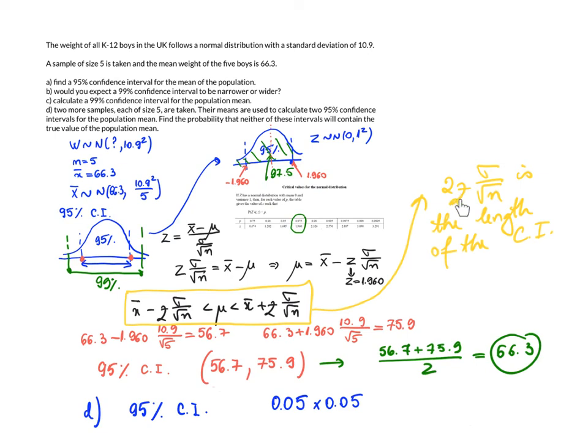So see how it depends on the z value, depending on your confidence level. So it depends on the confidence level, on the variance or the standard deviation of the population, and on the size of the sample. The length of the interval does not depend on the mean of your sample. So if you look at our simulation before, you will see that all the intervals that I got in the simulation for 100 have the same length.